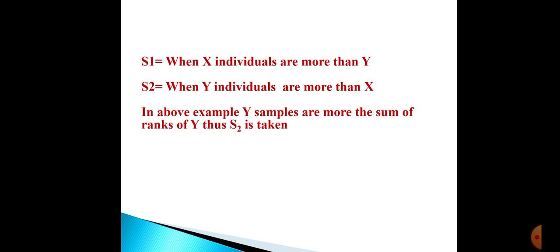That's why we have used W equal to 95. So this is all about the Mann Whitney U test, which is used as a non-parametric test for unequal sample sizes. Thank you.